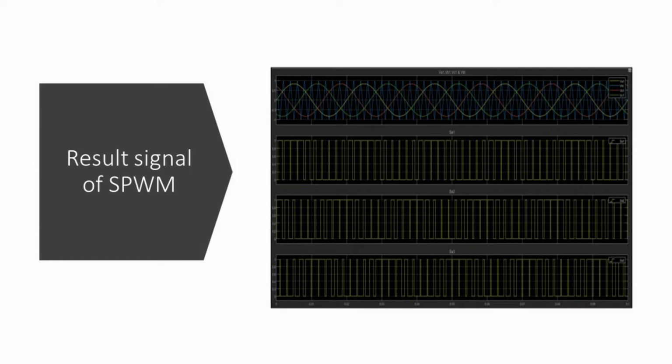The same goes for the red signal. From the waveform also, the pulse signal is produced when the carrier signal intersects with the modulating signal sine wave, thus producing the width of the pulse signal.